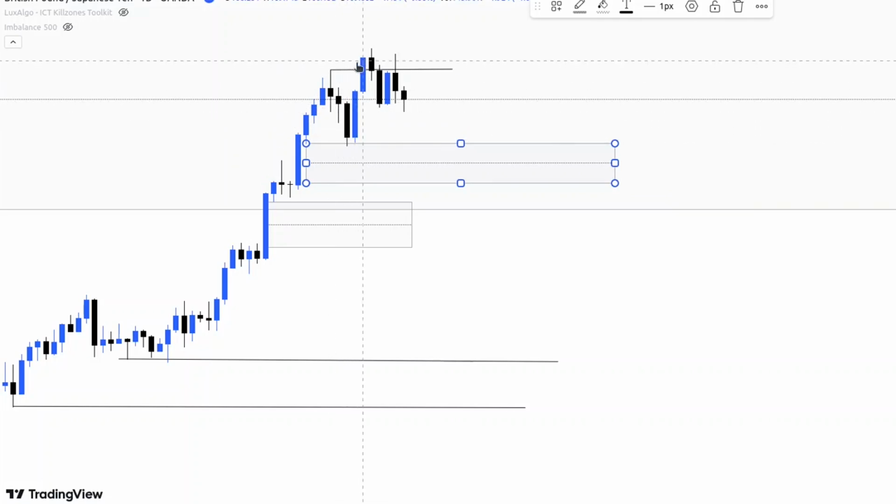The market pushback is just an ordinary pullback, not an actual change in state of delivery. So we have price manipulate this high here. Let's see if the market will disrespect this fair value gap. As the market disrespects this fair value gap, then I will start looking for an entry within this range.